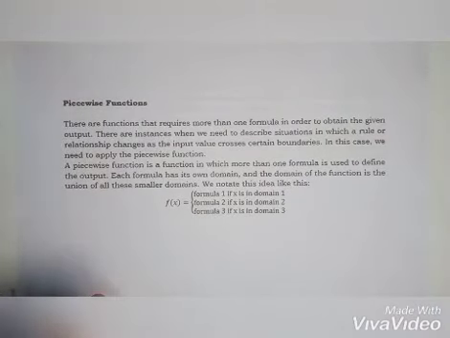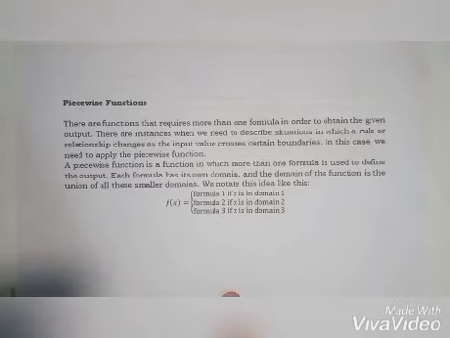So, piecewise functions. These are functions that require more than one formula in order to obtain the given output. From our previous lesson, we only had one output. But for this, we can have more than one formula in order to obtain the given output.